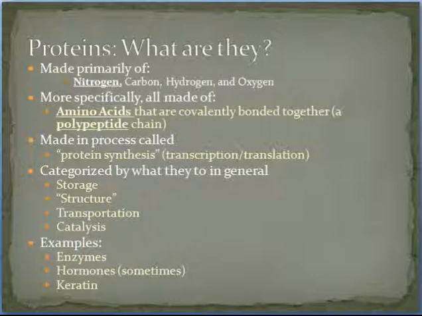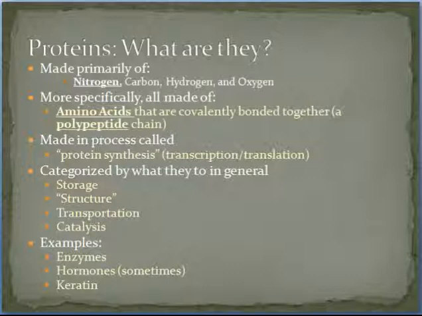More specifically, they're all made of amino acids that are covalently bonded together to make a polypeptide chain. So, you take amino acids, you stick them all together, and you make a polypeptide chain, and that is what protein is made out of. It's made in a process called protein synthesis, easy enough to remember.